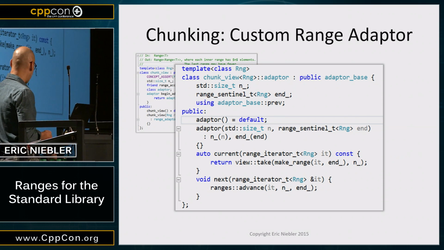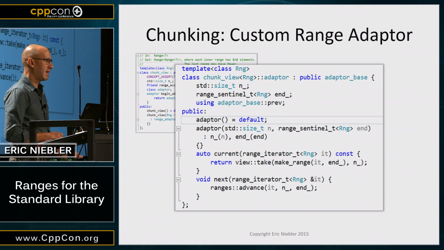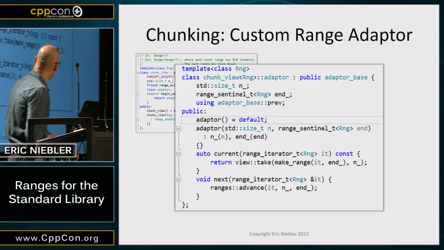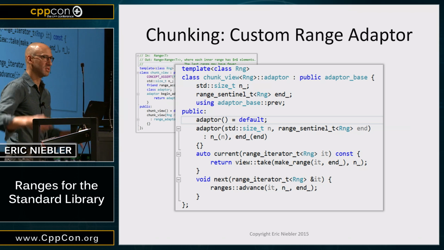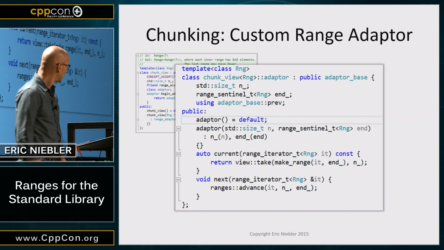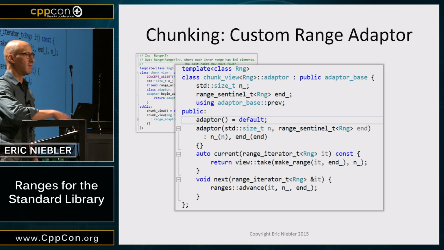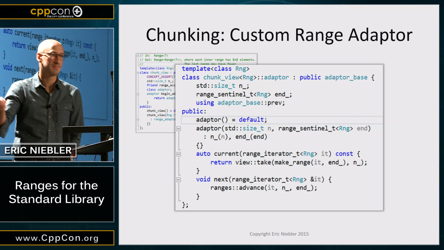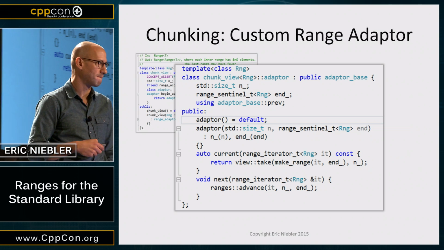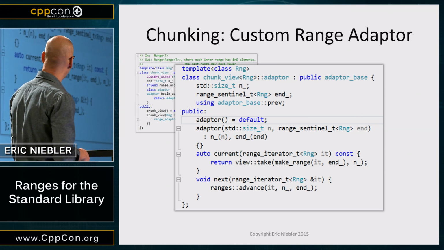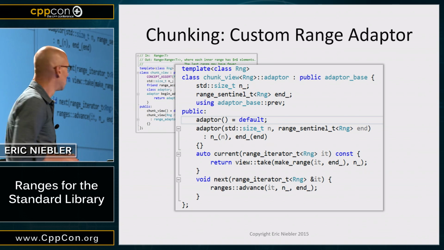So you can see that current is using view take to take the next n elements from the underlying range, taking care not to go past the end of the range if the range is not evenly divisible by n. And then next is just going to advance the input iterator that many steps, taking care again not to go past the end. So this is how we write a new adapter type. It's not that hard, really. It's not a lot of code.